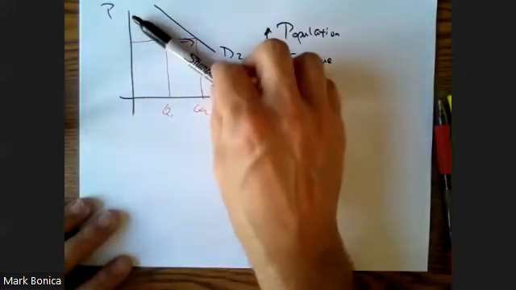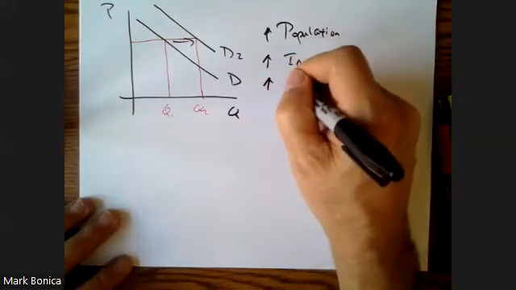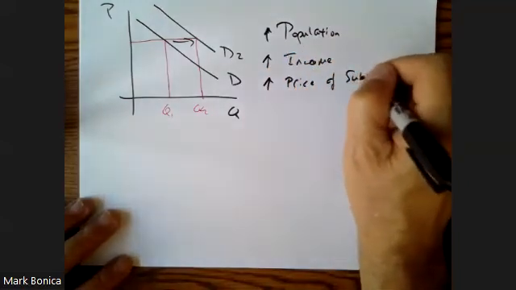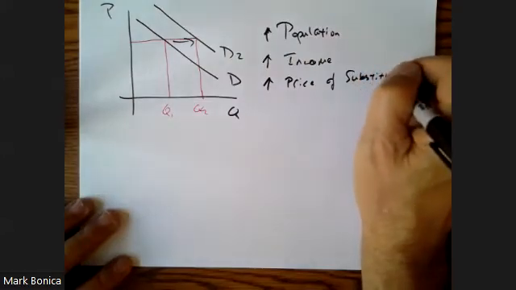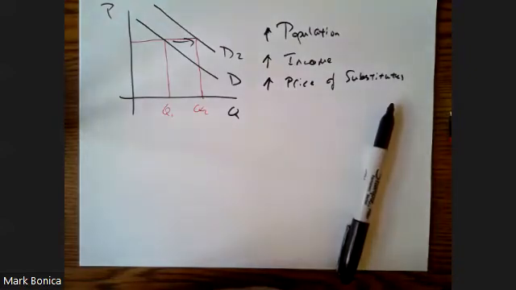Another reason that the demand might shift is an increase in the price of substitutes. So if there's an alternative good for your service or the service you're considering, usually the existence of a substitute reduces the demand for the good you're considering.